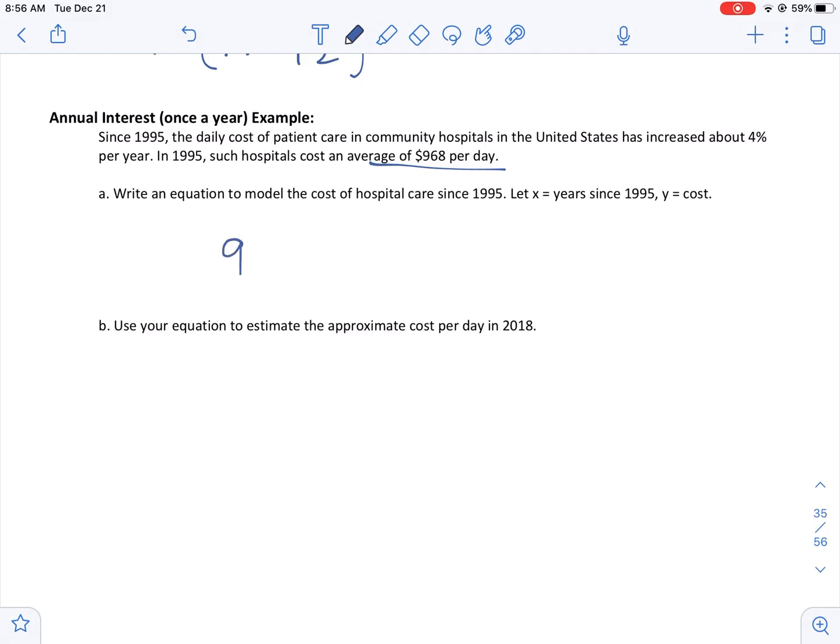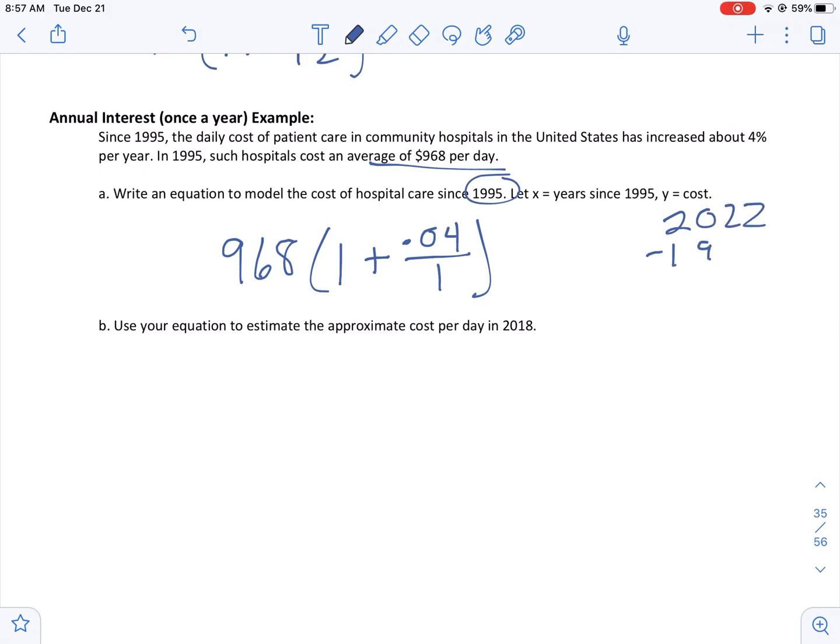It was $968, 1 plus 0.04 divided by, we're just checking it once a year, and since 1995, so 2012 minus 1995, so 17 years, to the power of 17. That would be for this year. We just have to write an equation, so my bad.